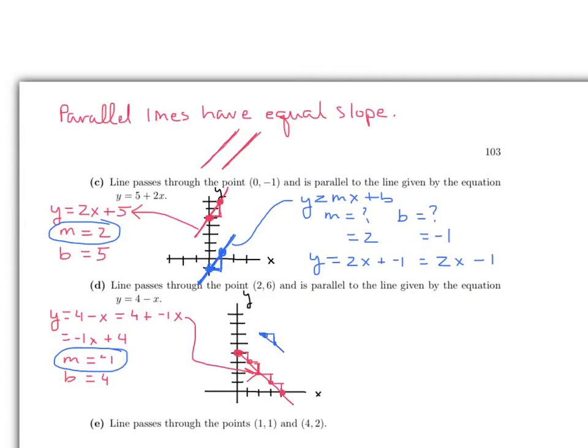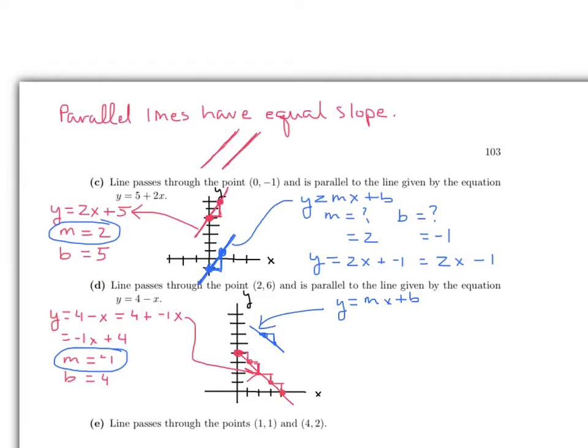So the line we are looking for looks like that. That line will have an equation of the form y = mx + b, and we will need to figure out the m and the b for this particular line.